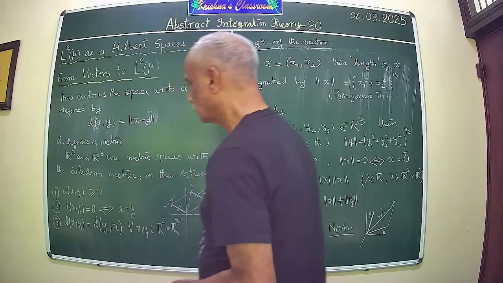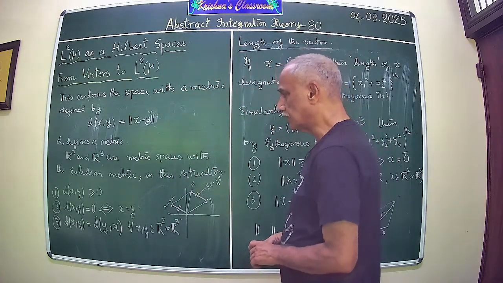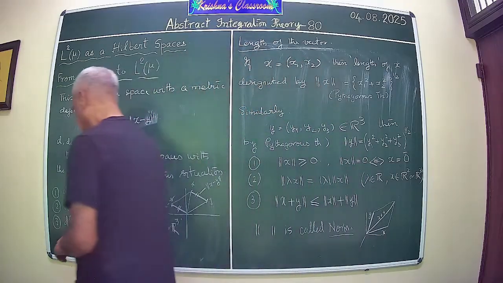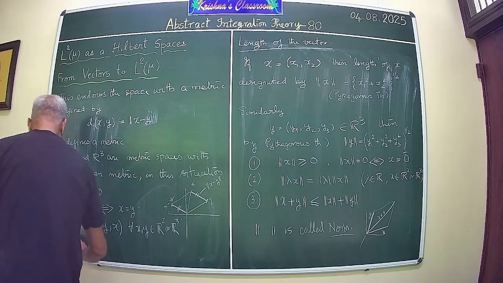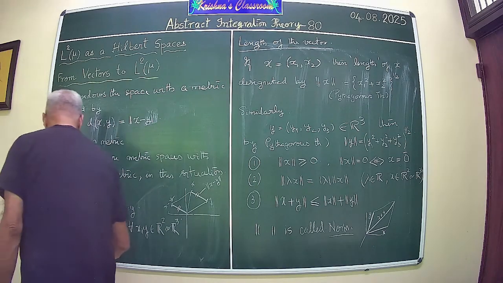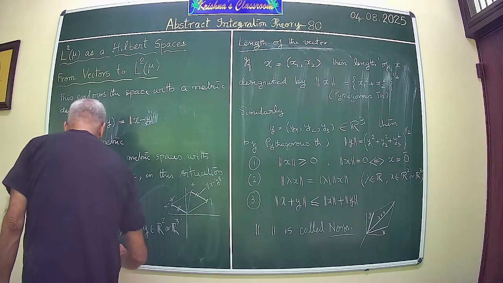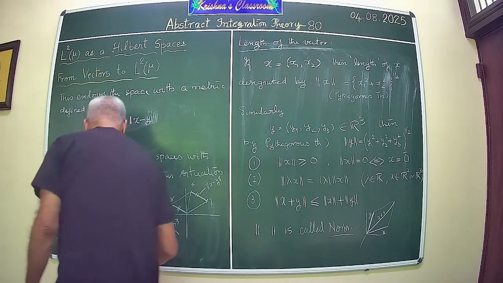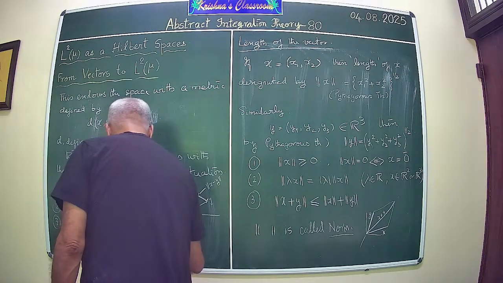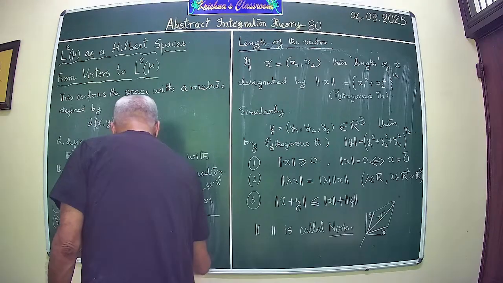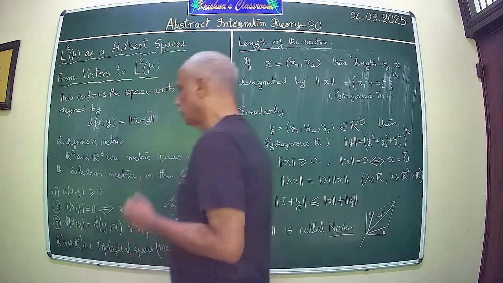So this is the distance function. And that, of course, then R2 and R3 are topological spaces, metric spaces.